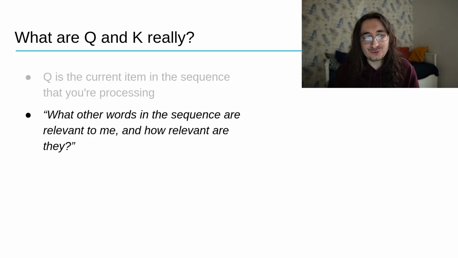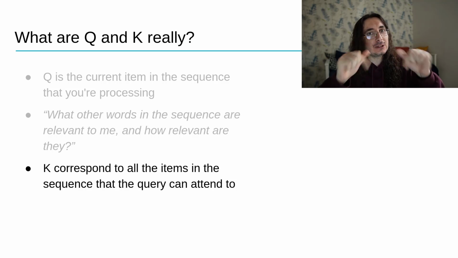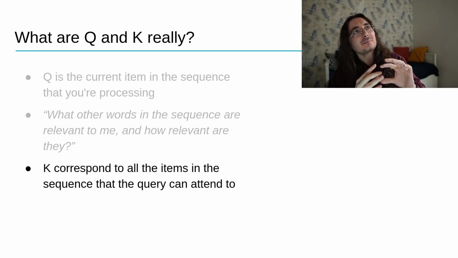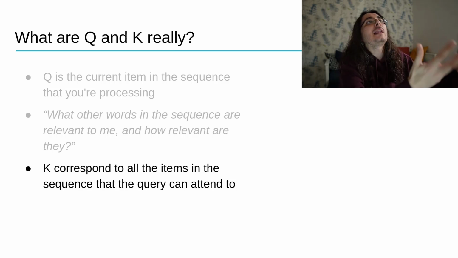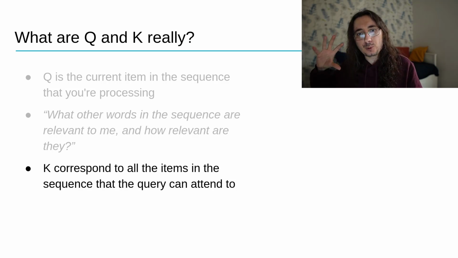As a query, you may ask, what other words in the sequence are relevant to me, and how relevant are they? This is the query. And then we have the key, and the key corresponds to all the items in the sequence that the query can attend to. In other words, these are all the items the query can be in relationship with. Okay, so this is from an abstract point of view.